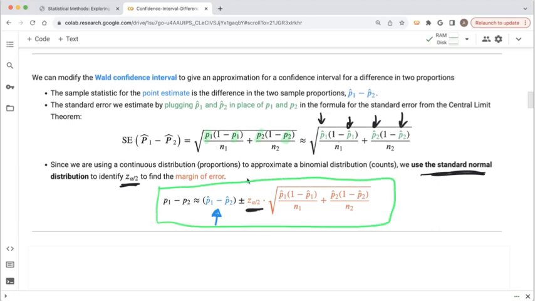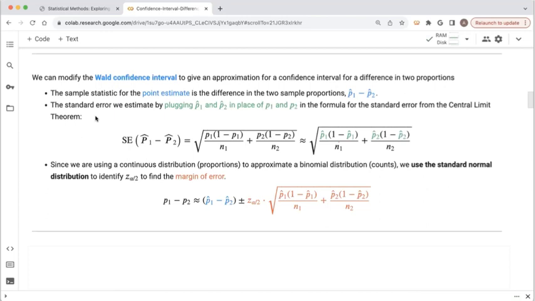We therefore get a confidence interval estimate for P1 minus P2, which is approximately the difference in the sample proportions plus or minus some margin of error that we get by using the standard normal distribution and this estimate for the standard error.